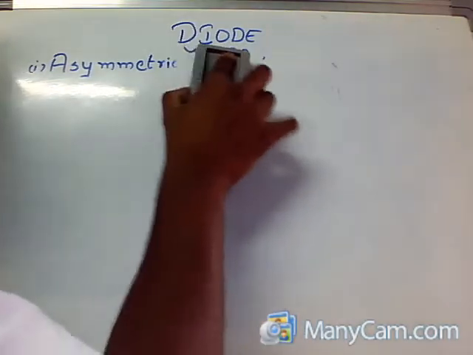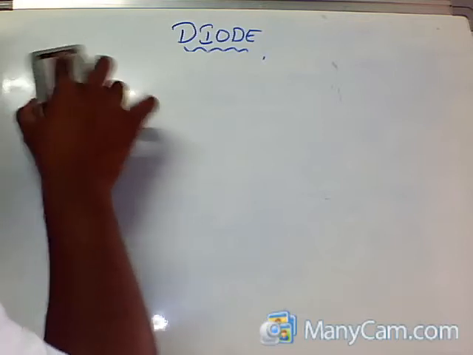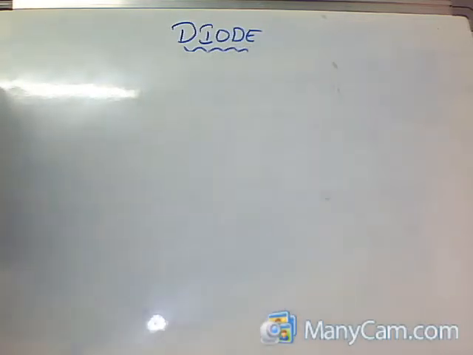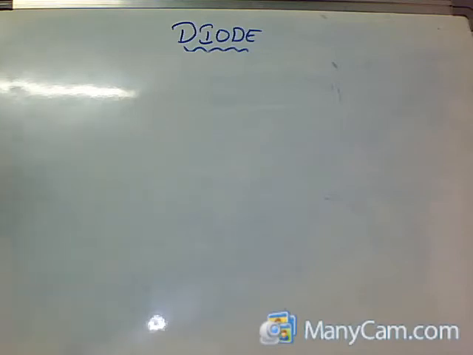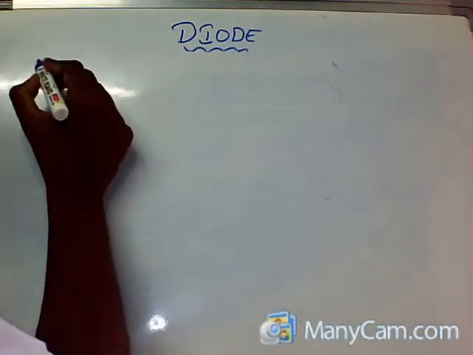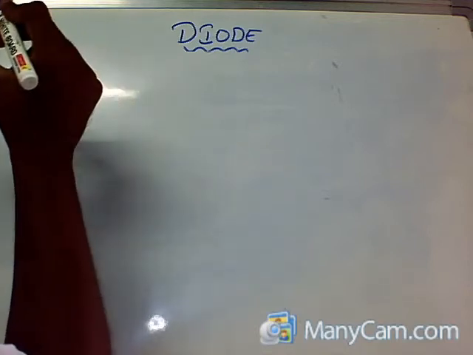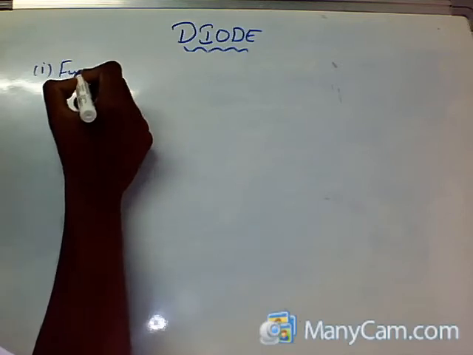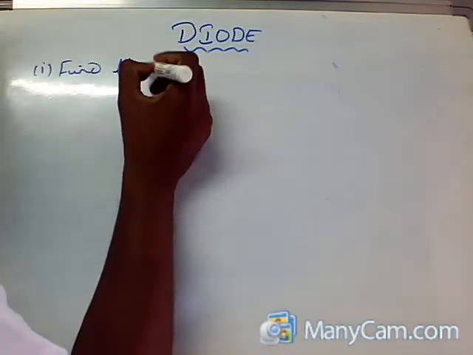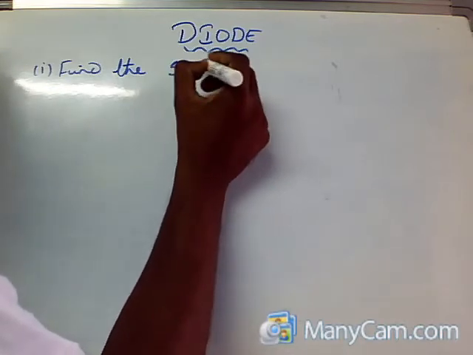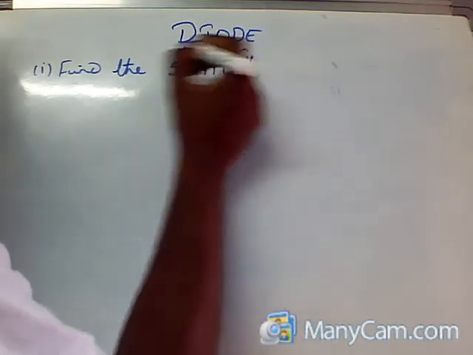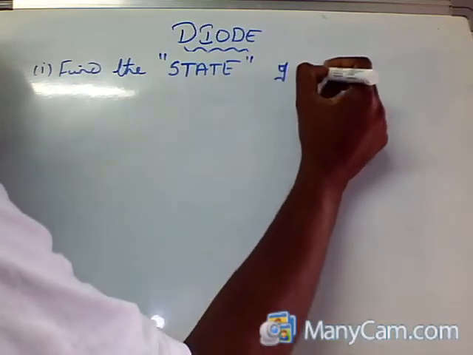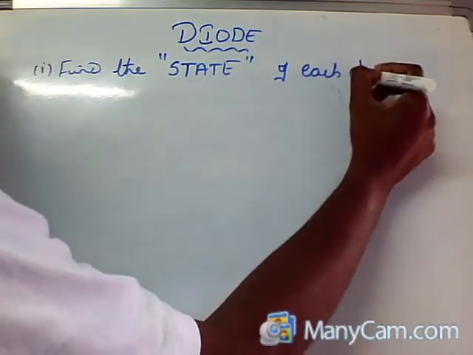So, let us discuss the basic conditions that you have to consider while solving a problem, while resolving a network which consists of diodes. First condition is, once the network is found, we have to find the state of each diode in the network.